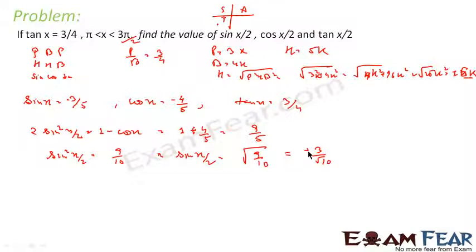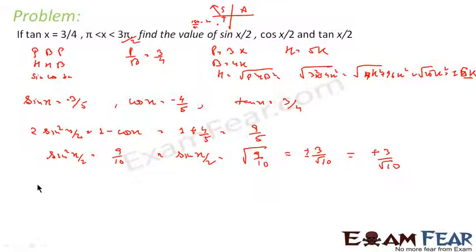Now since x is in the third quadrant, x by 2 will be in the second quadrant, because if you take the values from 180 to 270, divide by 2, it is 90 to 135. This will be in the second quadrant. So sine will be positive, so we will take the positive value, plus 3 by root 10.